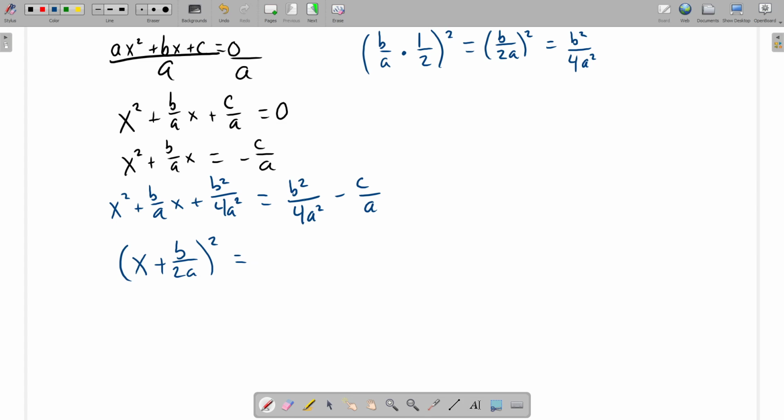On the right side, we need to combine these into one fraction. If we're going to combine fractions, adding or subtracting, they need to have a common denominator. So 4a squared and a. To make these have a common denominator, I'm going to multiply this c over a by 4a. Sorry, 4a.